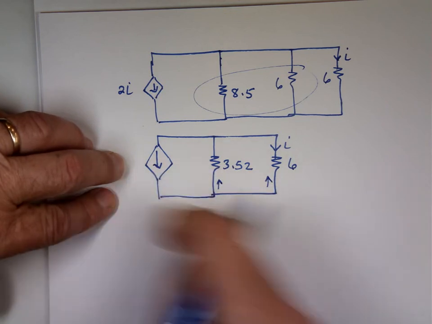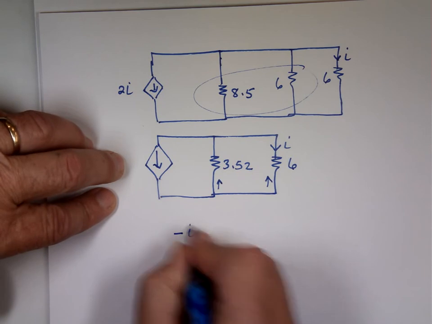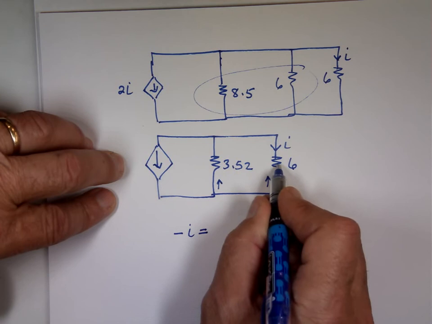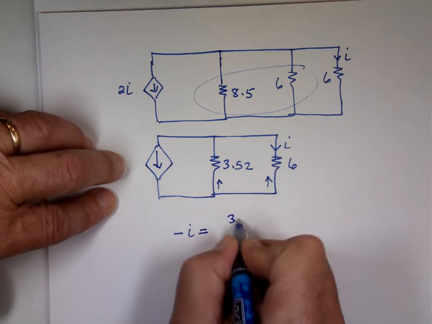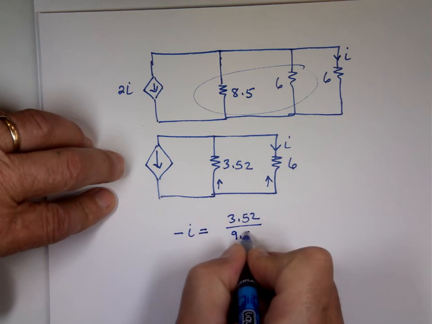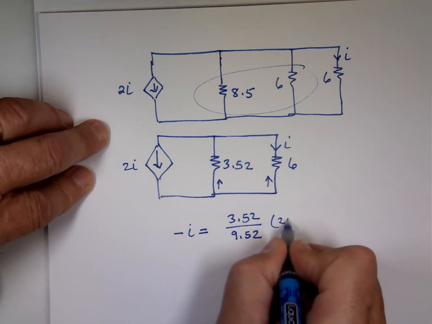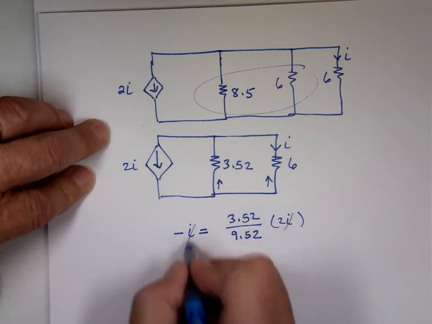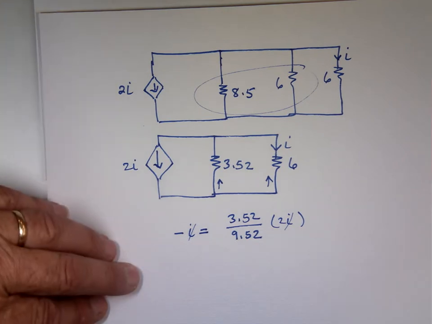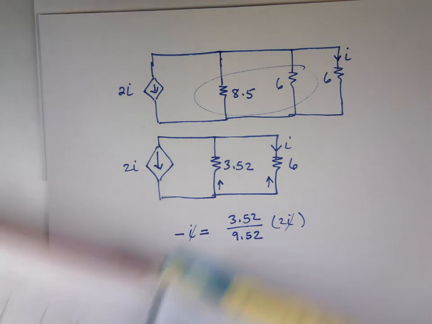So that current, which is negative I, should equal this one over the sum of them, this and this, times the value of this, which is 2I. And notice the I cancels the I, and the math doesn't make any sense. You get a negative 1 equals that, and that's not equal to negative 1. So I knew something wasn't right, so I had to look back and see. It was actually a 4, not a 6.